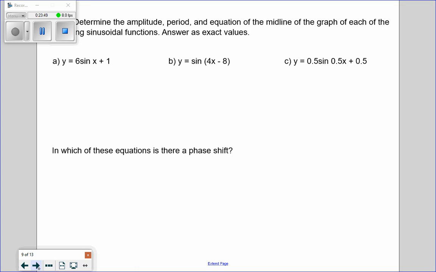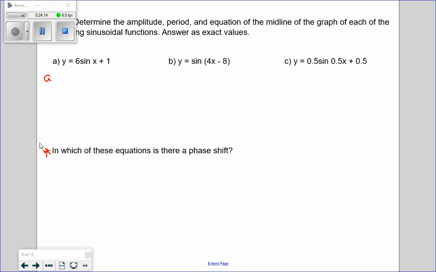Okay, so I haven't seen any phase shift questions on the diploma, but I figured, you know what, Murphy's Law, the one time I don't talk about it, lo and behold, there she is. So we'll briefly talk about this, but we're not going to focus on it by any means.